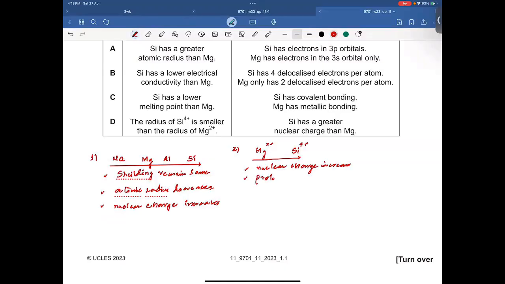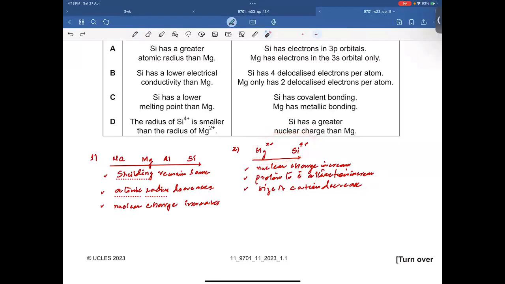Proton to electron attraction increases. Size of the cation, or cationic radius, decreases. And one more thing, both the magnesium ion and the silicon ion are isoelectronic because they have the same number of electrons.